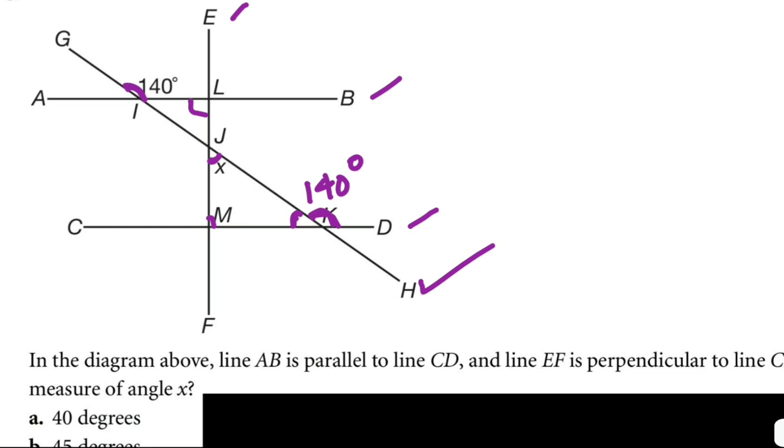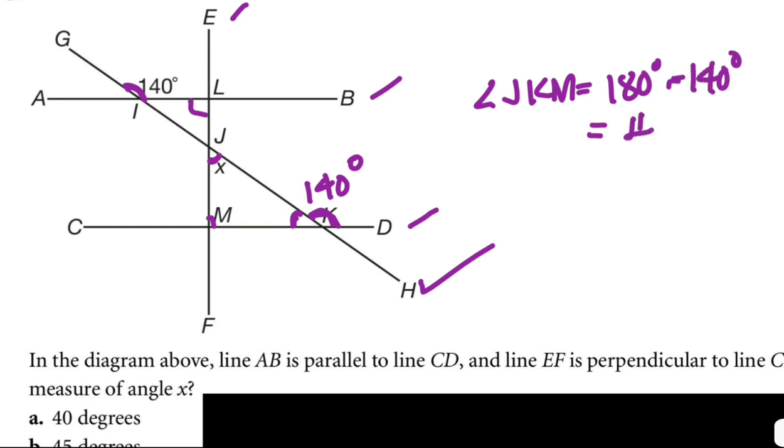A line has 180 degrees, so the measure of angle JKM is just 180 degrees minus the measure of angle JKD, which is 140 degrees. Therefore, the measure of this is 40 degrees, this one.